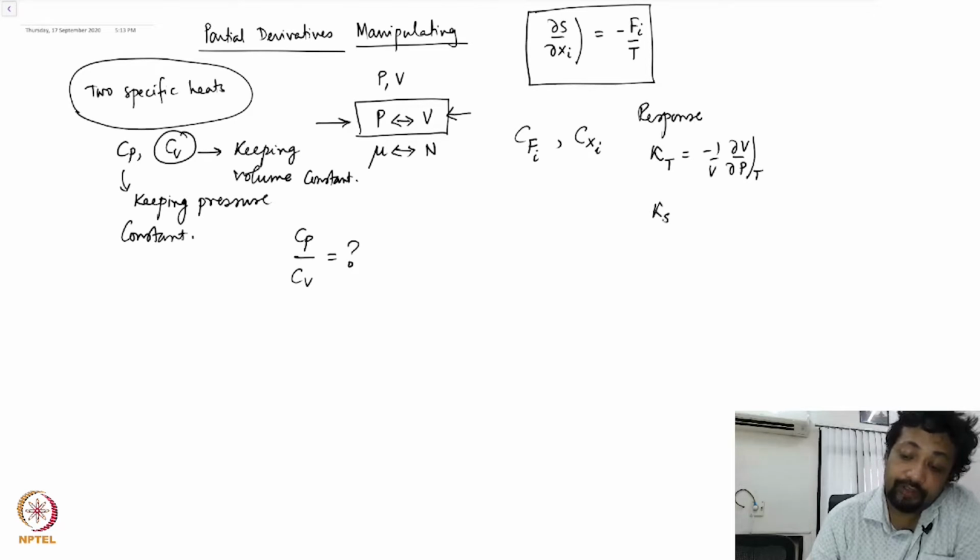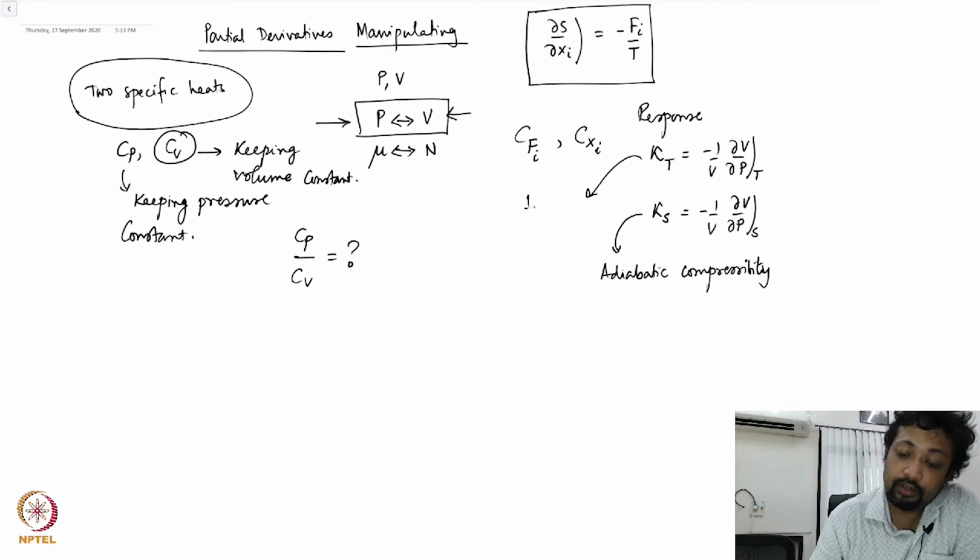One can also define the same compressibility in which entropy is held constant. This quantity is called adiabatic compressibility, and this is called isothermal compressibility.